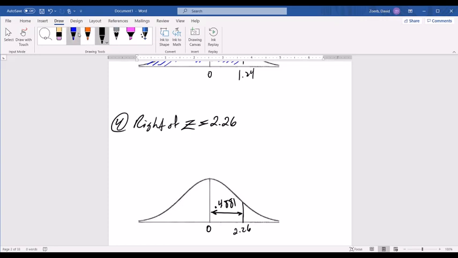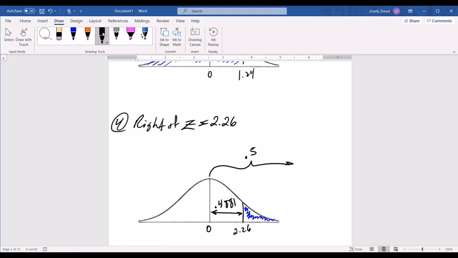Now what's it asking for? It's asking to the right of this, so it wants only this part. So what do we have to do to figure that out? Everything on one whole side of 0 is 1/2. So from here onwards, this is all 0.5.